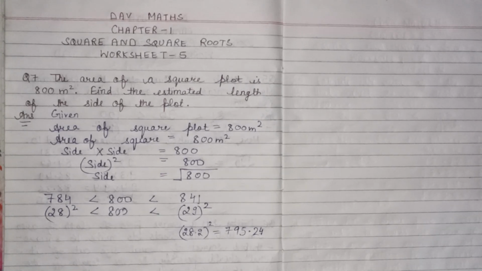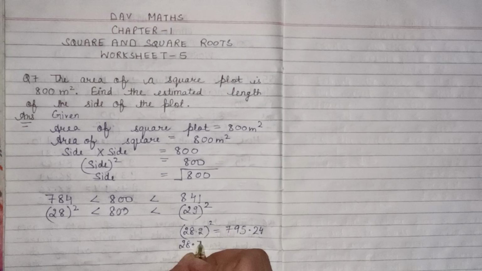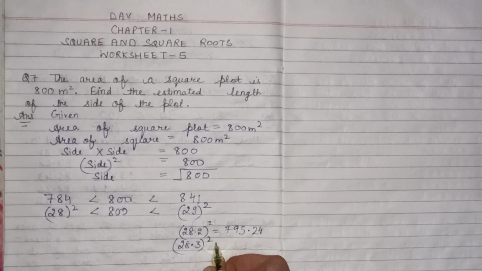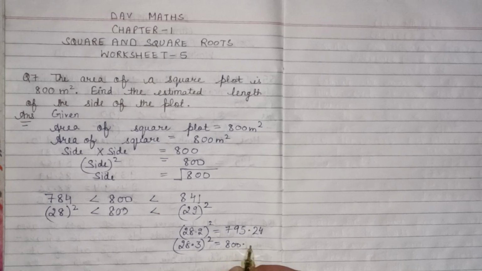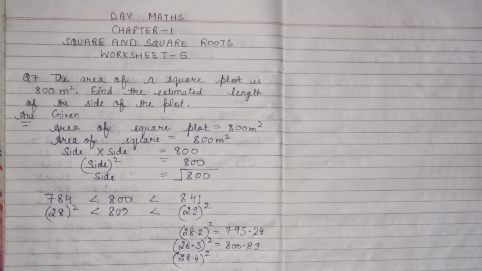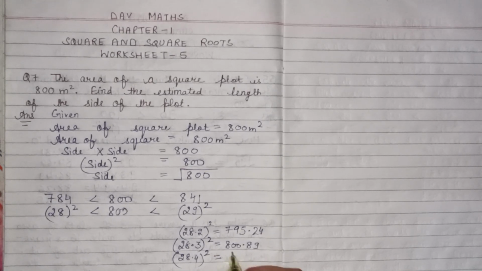To save our time, I multiplied before, but you can do it in the rough area of your notebook. Then 28.3 square, 28.3 multiplied by 28.3 is equal to 800.89, and 28.4 multiplied by 28.4, or 28.4 whole square, is equal to 806.56.